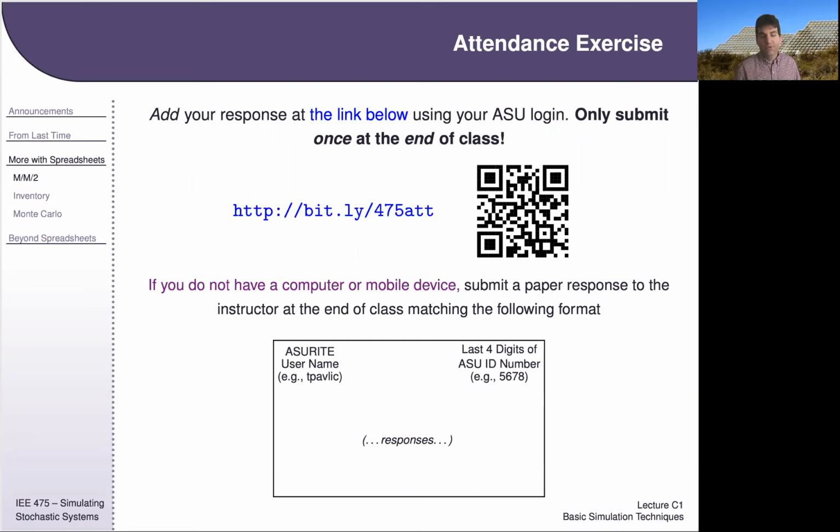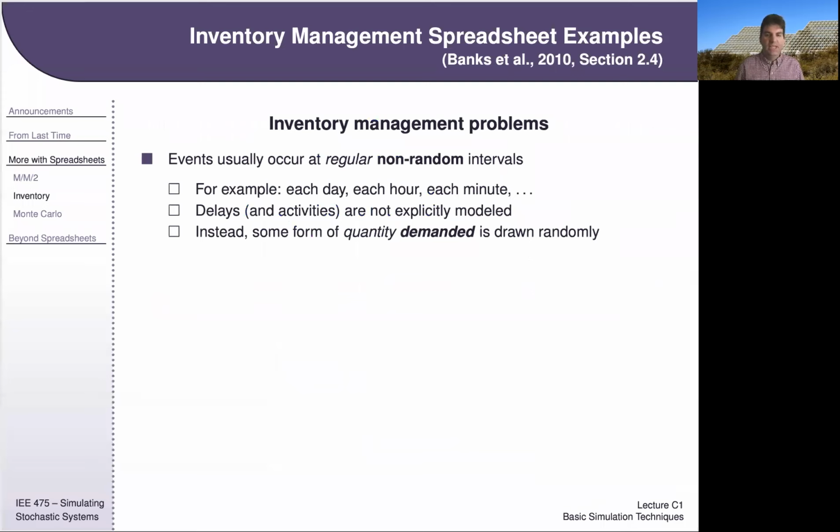All right, so those are some pretty simple queuing examples, but we like to think about other things that would be interesting to simulate. Back in lab 2, we were first introduced to effectively an inventory management problem. Inventory management problems are ones where events in a discrete event system simulation usually occur at non-random intervals. Whereas in the queuing case, customers arrive randomly, so we need to know their inter-arrival durations.